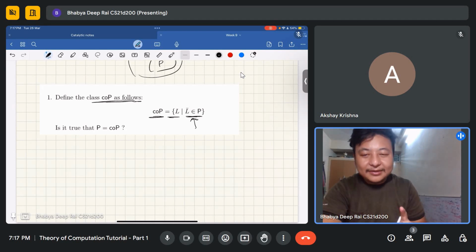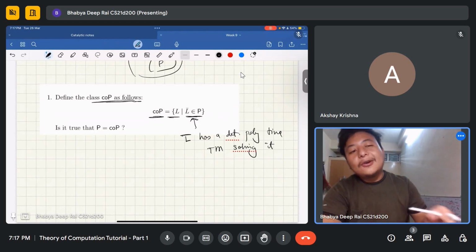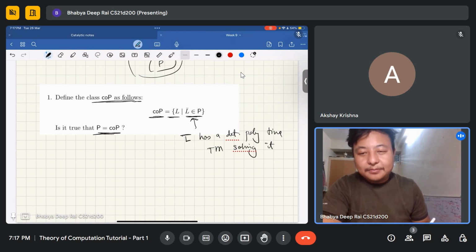The complement L bar of the language L has a deterministic polynomial time Turing machine solving L bar, a Turing machine that always takes polynomial time, or in other words, an algorithm that always takes polynomial time. Now the question is: is it true that P is equal to coP?